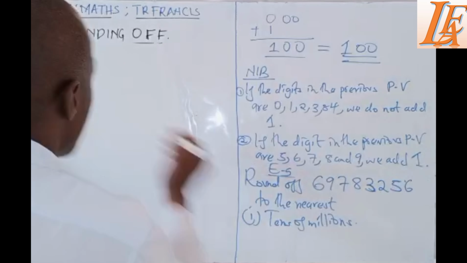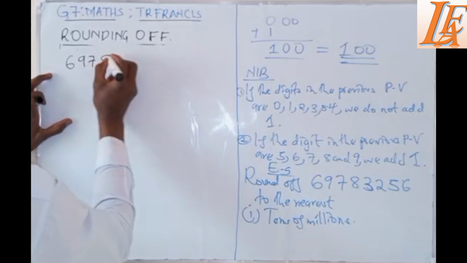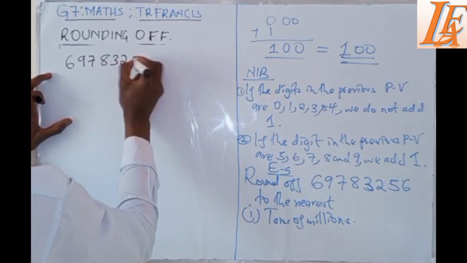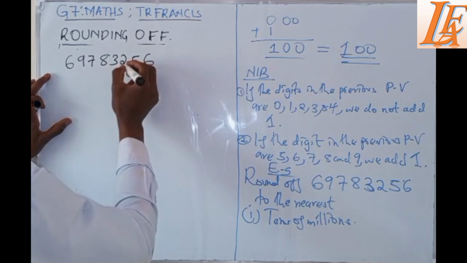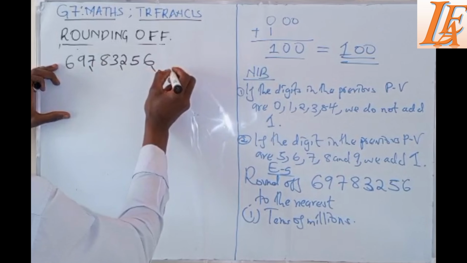So we have the number here as 69,782,356. This 6 is in the ones place value.